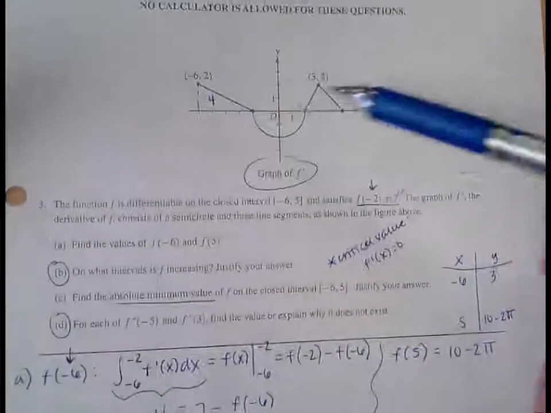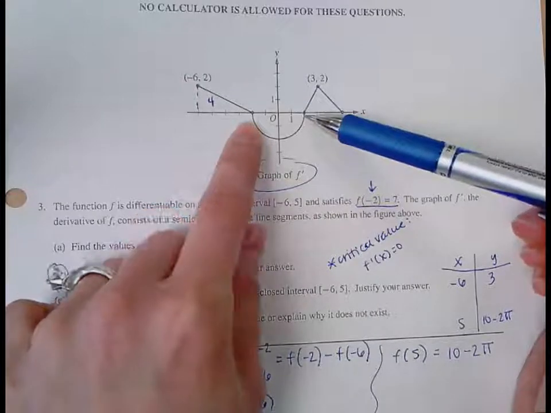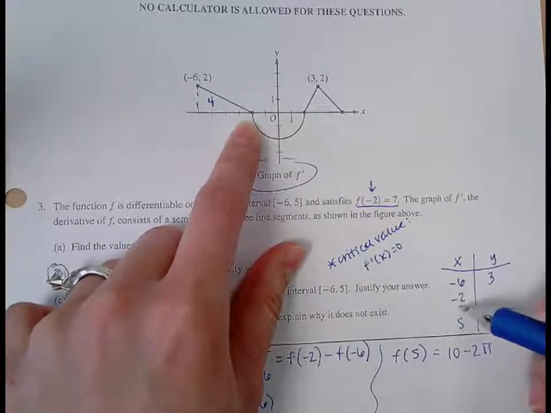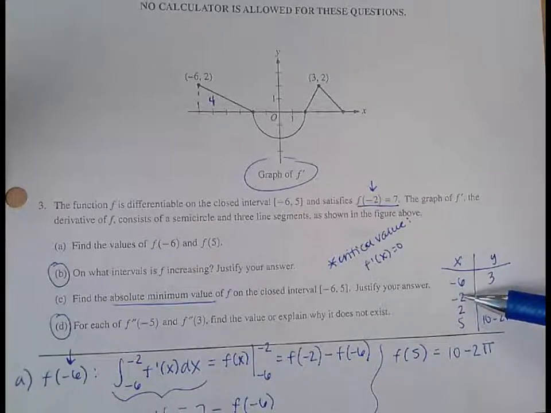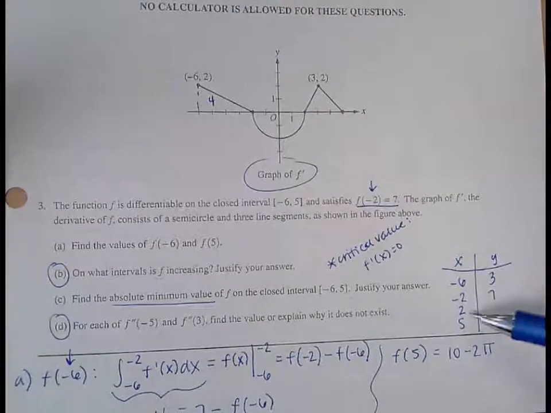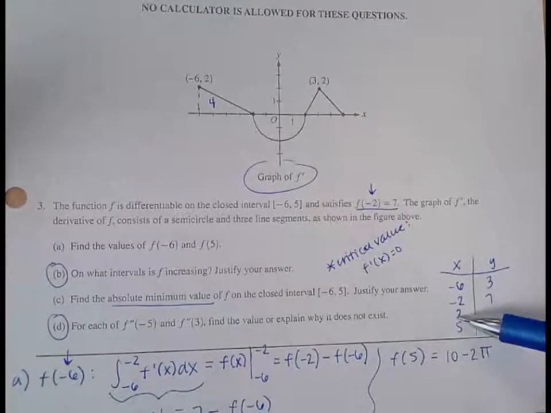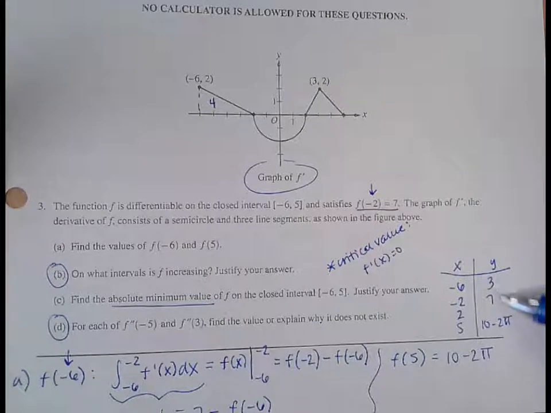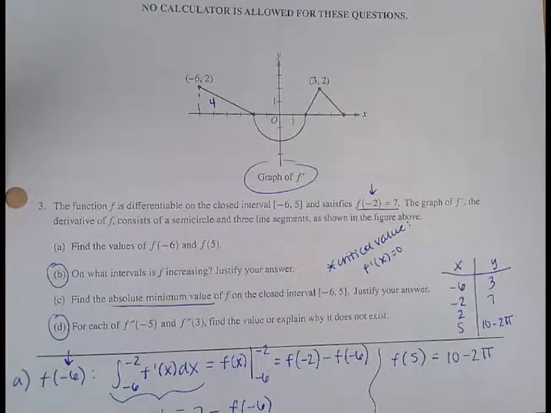And f prime is 0 at -2 and +2. So I'm given f of -2, which is 7. That was given to me in the problem. I would have to find f of 2, and then whichever y value is the smallest would be the absolute minimum.